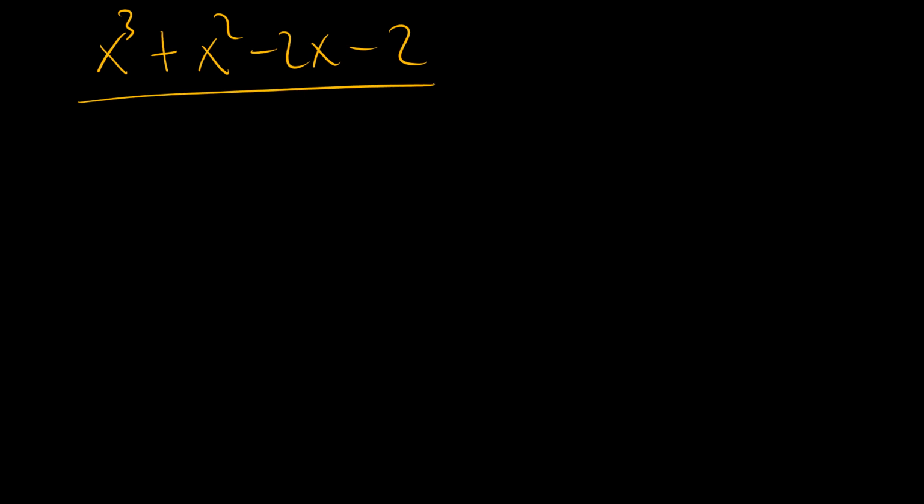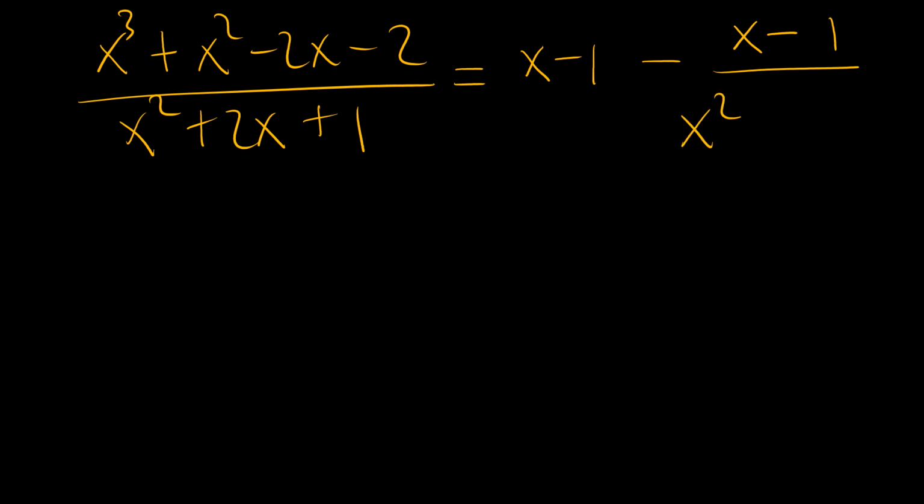That means that x cubed plus x squared minus 2x minus 2 over x squared plus 2x plus 1 is the same as x minus 1 minus x plus 1 over x squared plus 2x plus 1. Sorry, there should be a minus there.